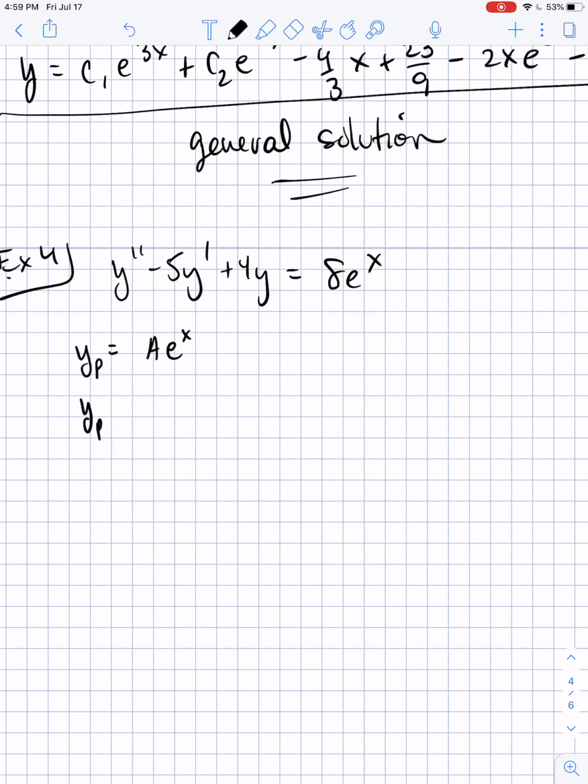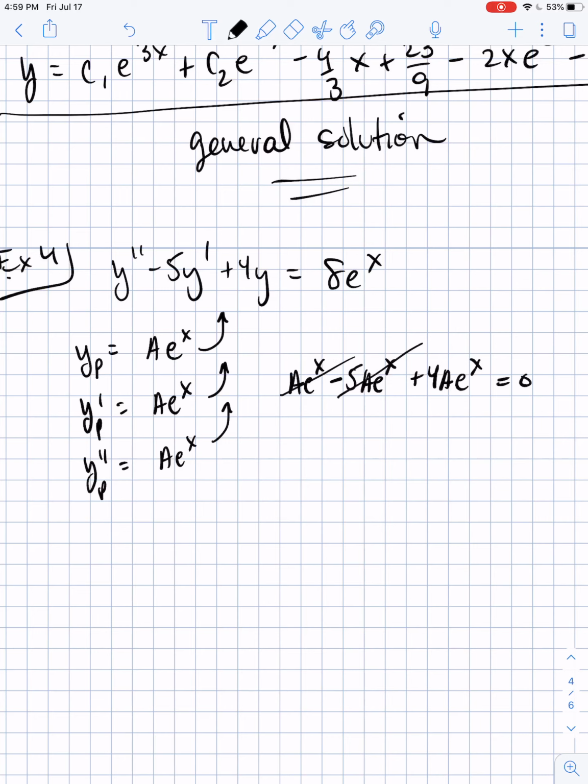But when I take the derivative, I get a e to the x, second derivative, a e to the x. And when I plug all of this back in, I get a e to the x minus 5a e to the x plus 4a e to the x equals 0, and what happens? Everything winds up canceling out, and I can't solve it because I get 0 equals 0. Well, that's great, but it's not helping me find the value of a.